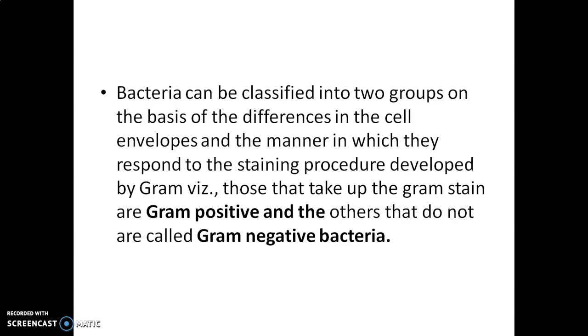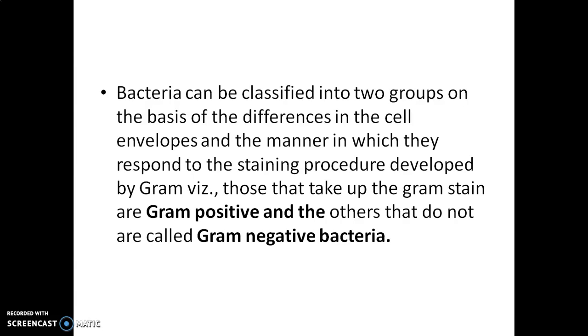Children, in class 11 there are lots of experiments, but unfortunately we are not having a chance to enter the bio lab because of this COVID situation. But as a coloring agent we are using different types of stains, isn't it?